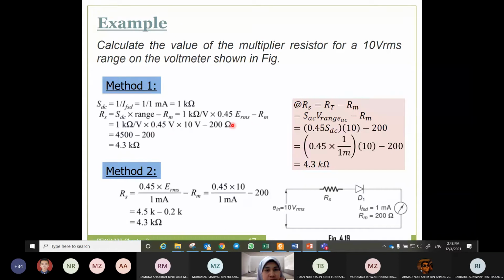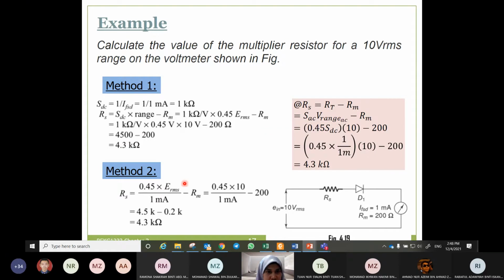Okay. And then minus Rm. So 1K multiplied with 0.45 multiplied with VRMS is equal to 10. Okay, and then minus 200 ohm. So finally we get 4.3 kilo ohm.